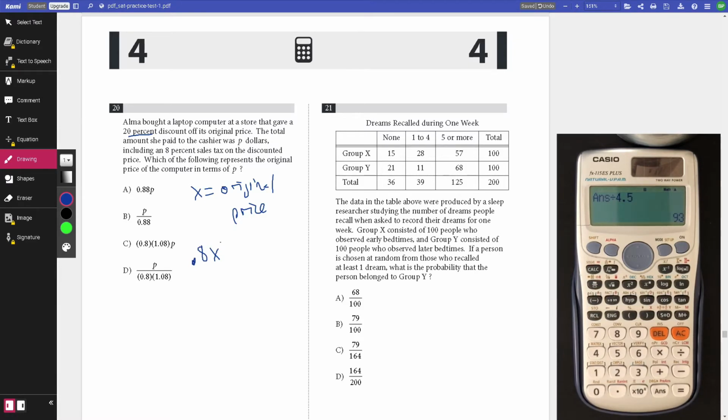And then we also had sales tax, 1.08, is equal to P. So to get the original price in terms of P, divide by those two numbers to isolate X, and the answer is D.